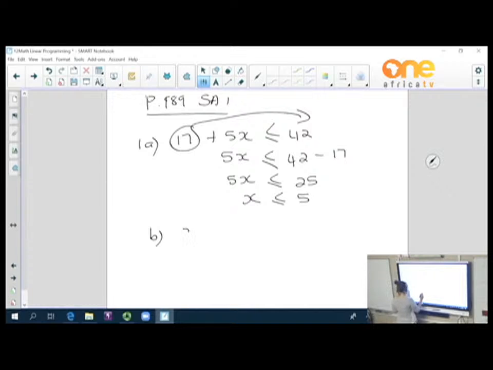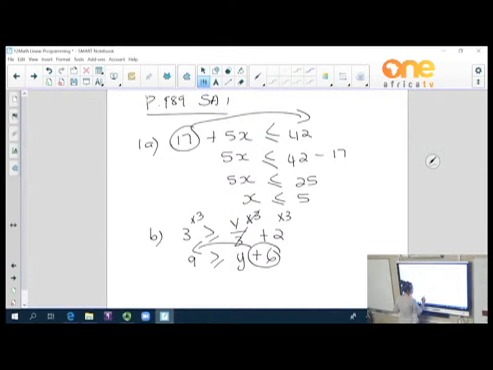Number B, x over 3 is less than or equal to y over 3 plus 2. First of all, get rid of your fraction, so we multiply all of them by 3. What you do with 1, you must do with all of them. So these two will cancel each other out. 3 times 3 is more than or equal to y plus 6.